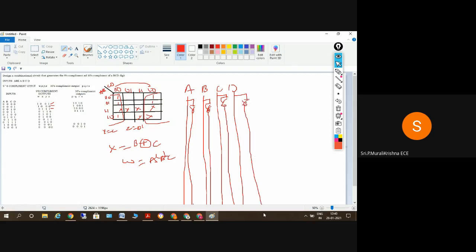Okay, so the first one, so we can check Y is equal to C. So, or if I want to take W here, so W is A bar, B bar, C bar. So this is A bar, B bar, C bar, which is given to an AND gate, that is W. Okay, so X is equal to B exclusive OR C. So we have B here, we have C here, give it to an exclusive OR gate.